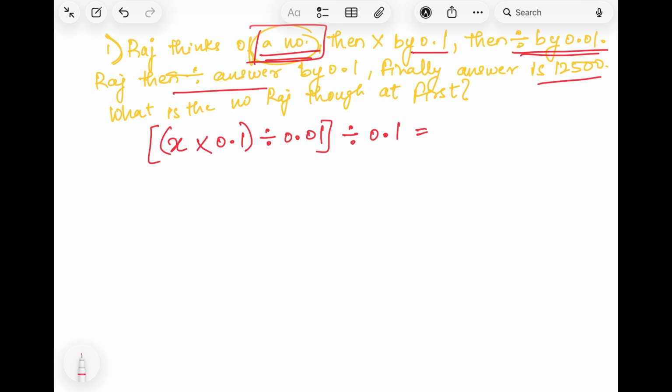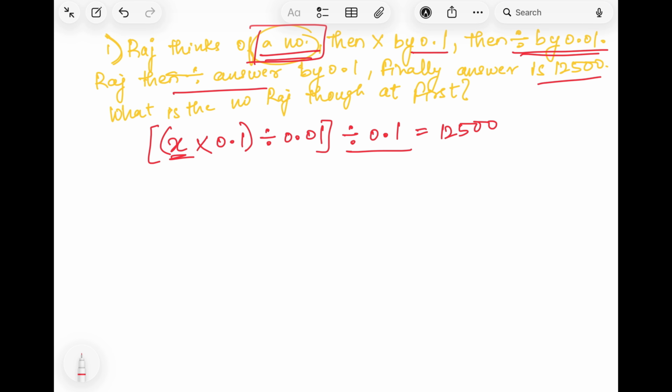And after doing all those things, the answer he is getting is 12,500. Here again the unknown is x. We need to solve this equation, right? Solving the equation has already been taught in the previous chapter. So we will just solve this equation and find the value of x.